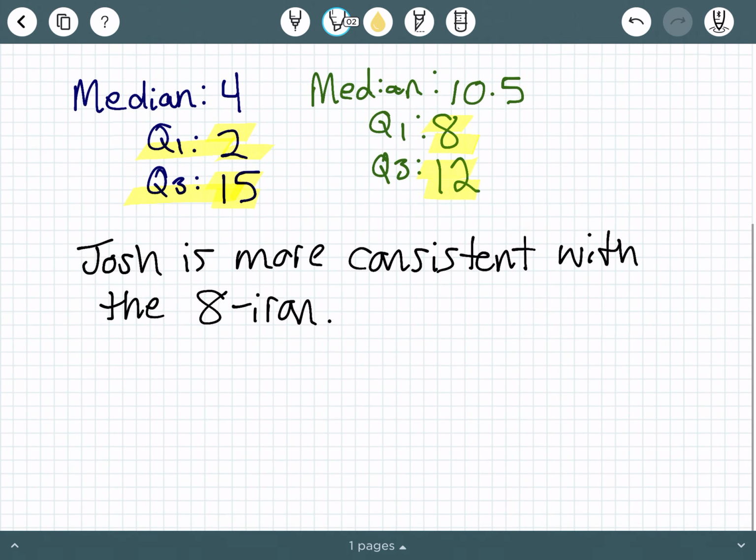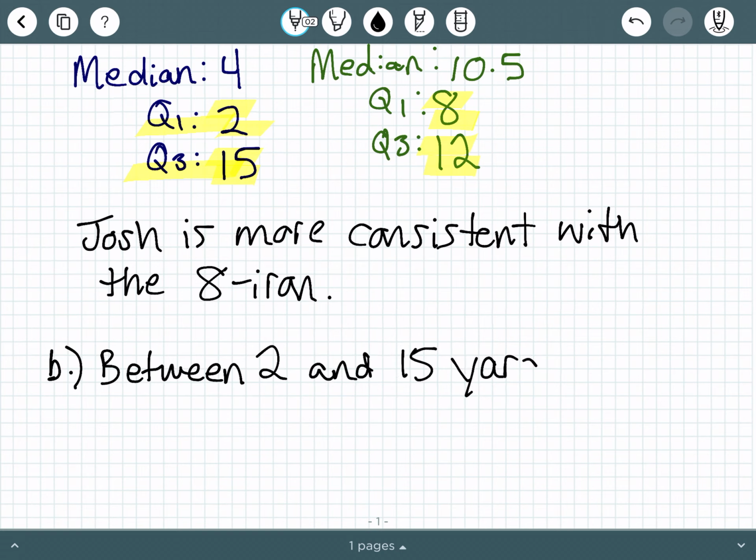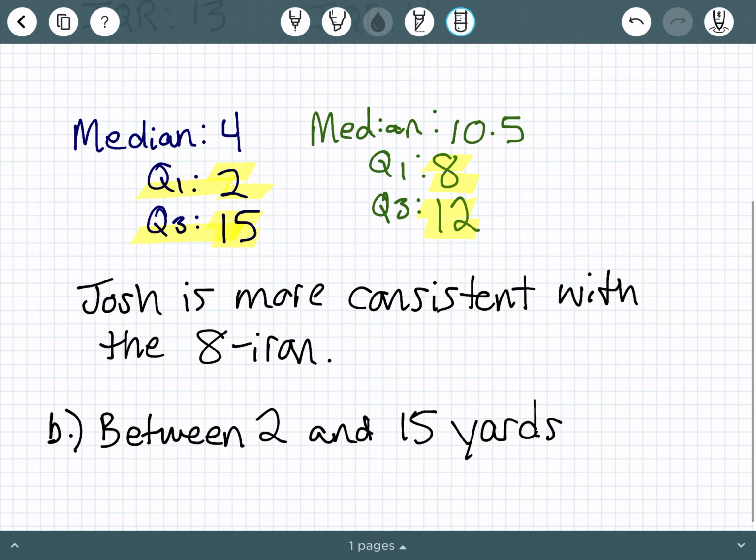So we could say then for part B that it would be between 2 and 15 yards. And again, that is just taking our first quartile, which is our lower end, and our third quartile, which is the upper end. So that's what we get for B.